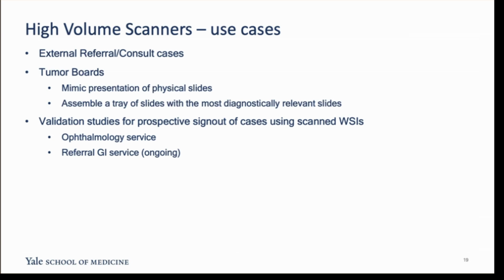In the beginning, we are targeting small services, for example, the eye service, which has a low enough volume. We also have a referral/outreach GI service where we get GI biopsies from labs from the periphery. And we are doing validation studies so that we can use whole slide imaging for diagnosis in these 2 services.